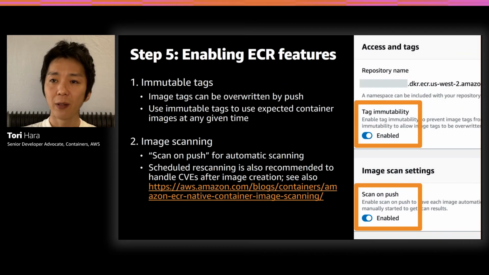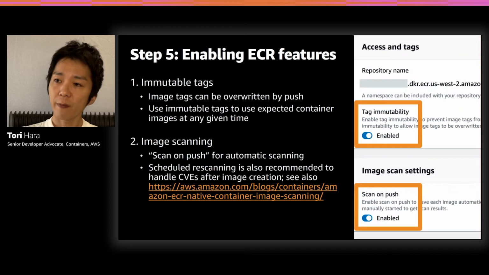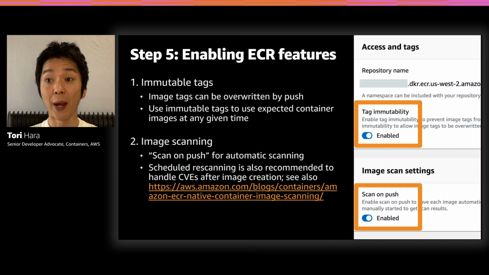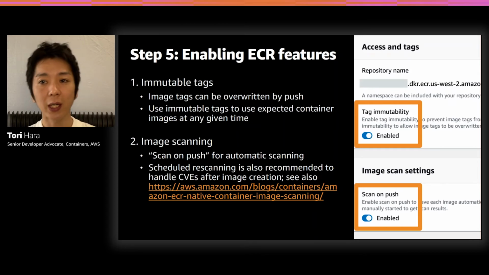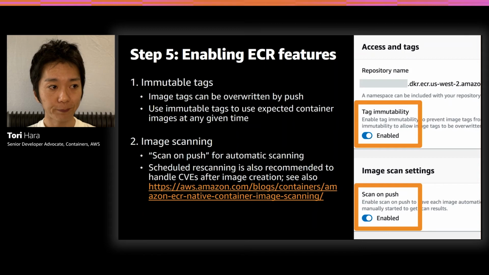The next step will be something about container images. We won't be able to cover this topic in too much detail today, but we'd recommend that you enable at least two features in each ECR repository. The first one is immutable tags.